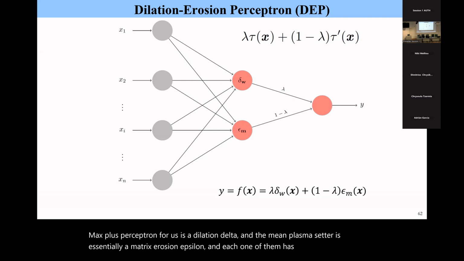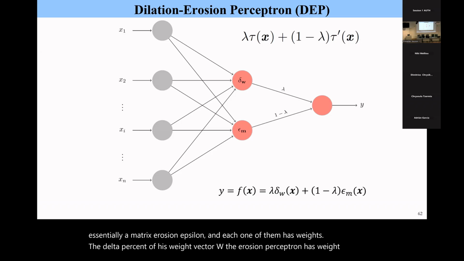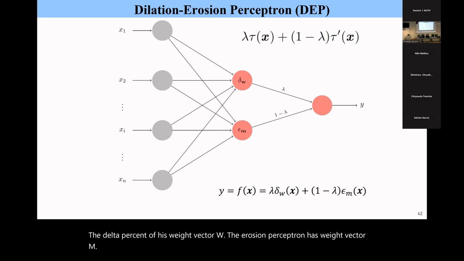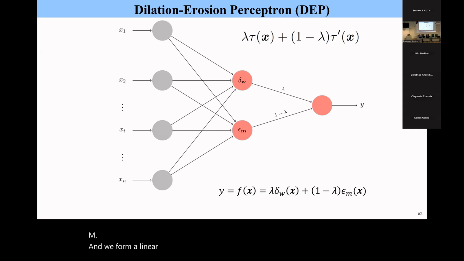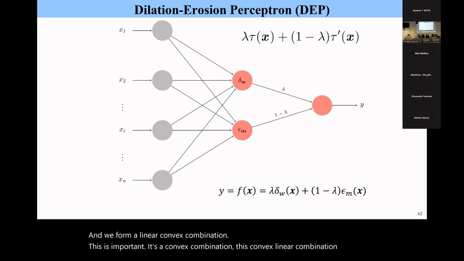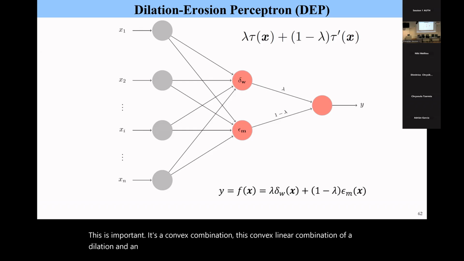The delta perceptron has weight vector W, the erosion perceptron has weight vector M. And we form a linear convex combination. This is important, it's a convex combination. This convex linear combination of a dilation and an erosion perceptron is called the DEP, dilation erosion perceptron.